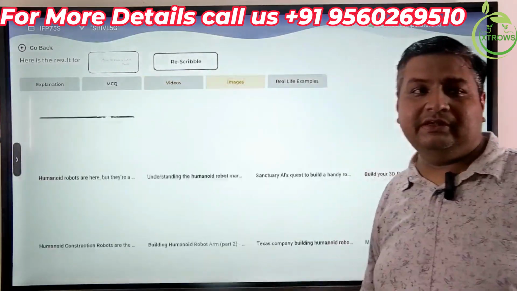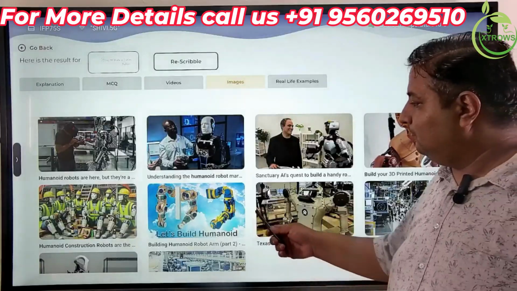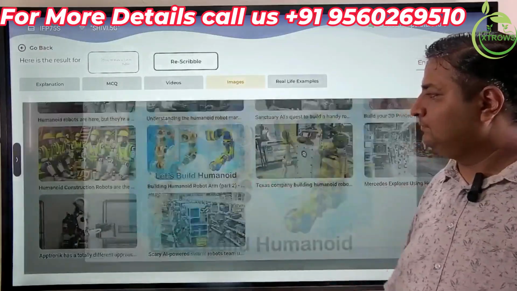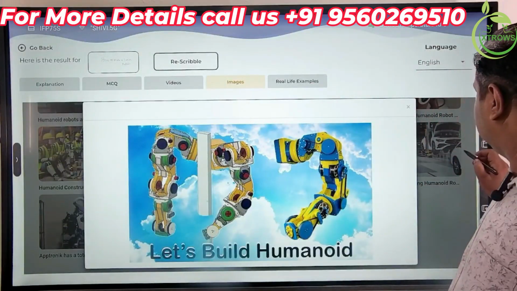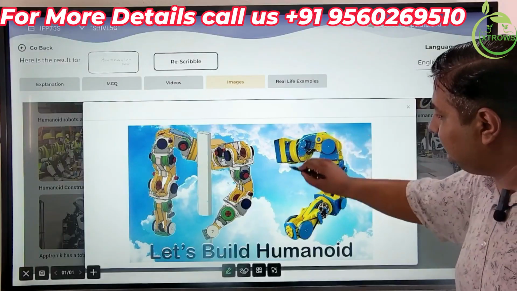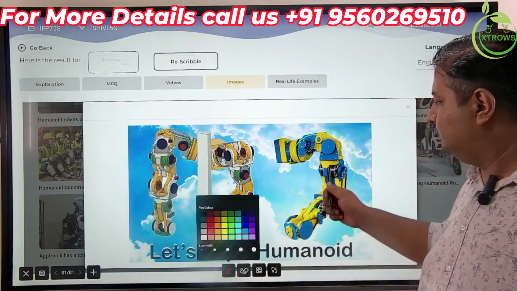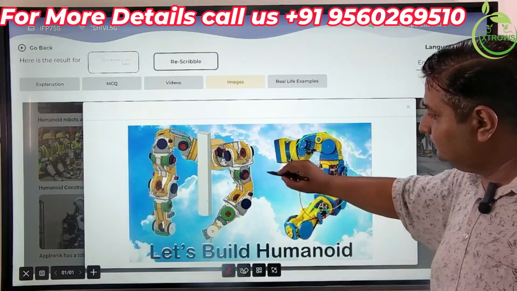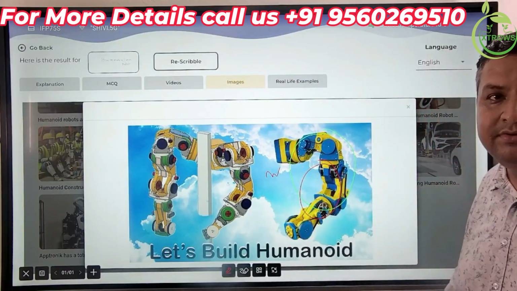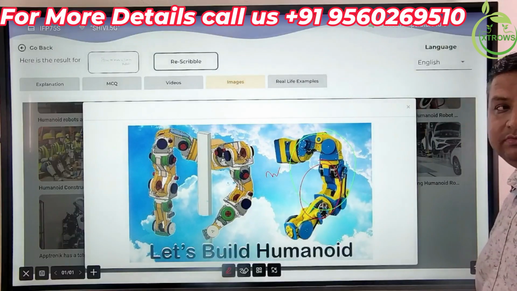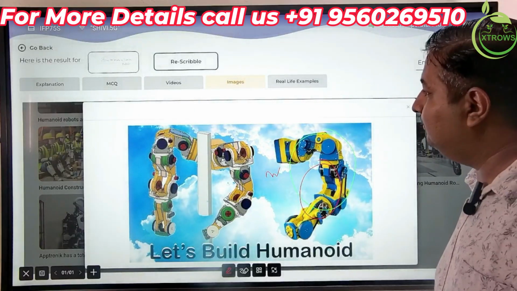Like that, images are also embedded into it, where you can explain the things to your student. This is part of the robot and how it will help them to understand the things.